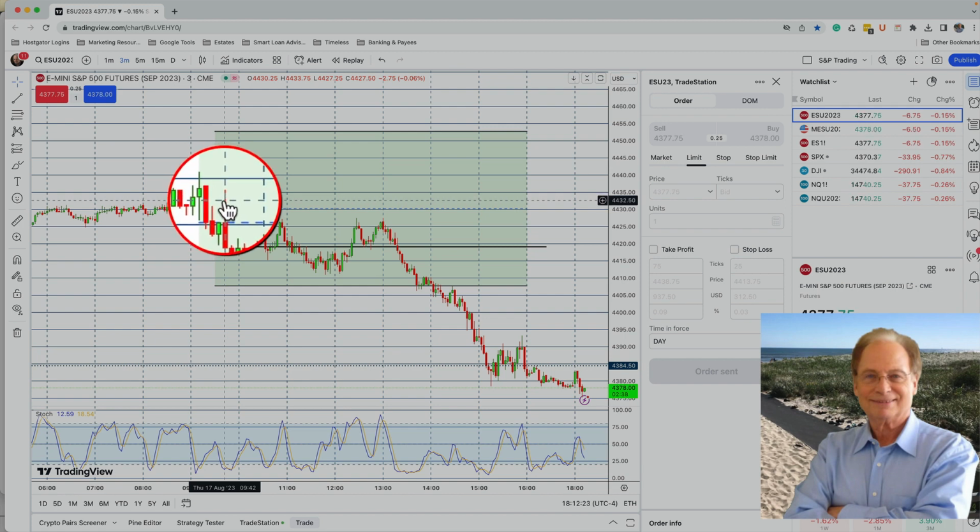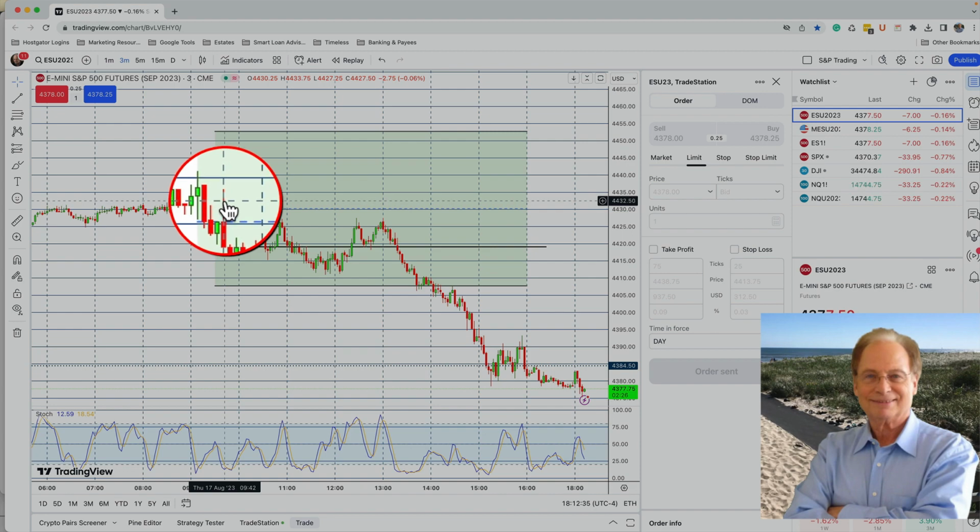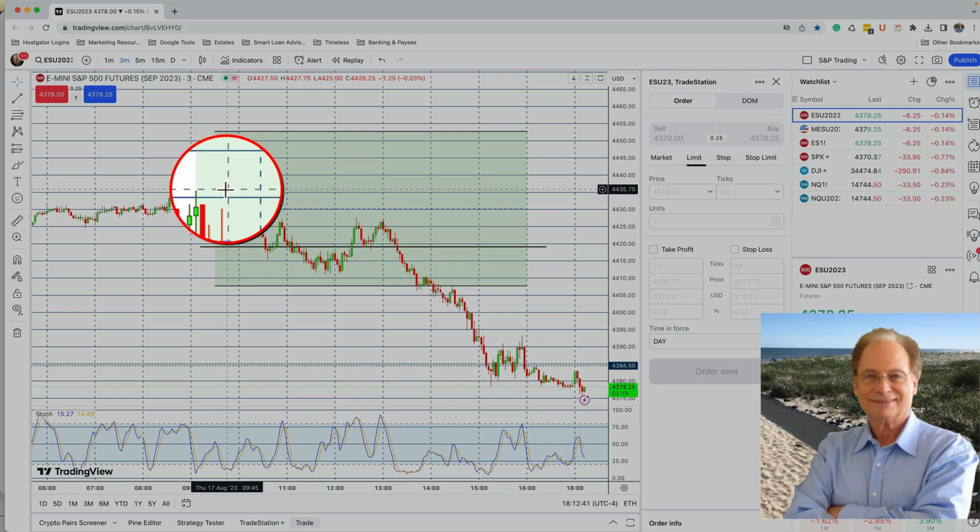Well, if you got on over here, let's say at 44.32, you got on at minimal risk, 44.32, and the high of the day was 44.35 and 3 ticks. Well, if you got on at 44.32 and prices took out the high at 44.35 and 3 ticks, let's say 44.36, that was the risk. You'd get out with a small loss.